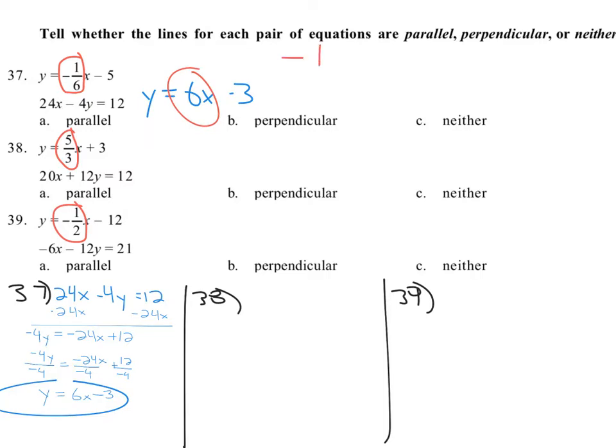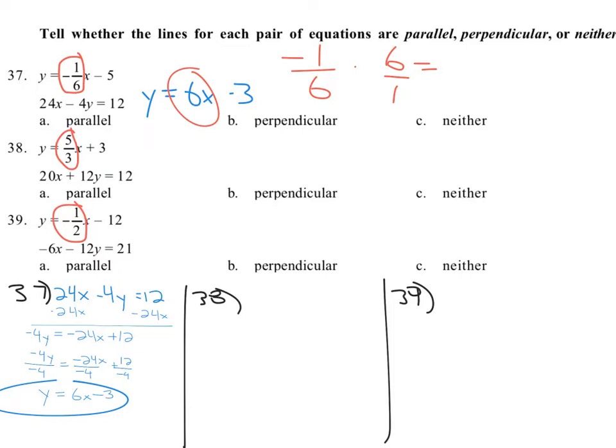So how do we compare negative 1/6, the slope for the first one, and 6, the slope for the other one? Well, these are actually negative reciprocals. If you remember, one way to know is to flip the fraction and change the sign. So if you flip negative 1/6 and then change the sign, you get 6 over 1, or just 6. So they're negative reciprocals, or opposite reciprocals. Another way to do it would be to multiply them and see if you get negative 1.